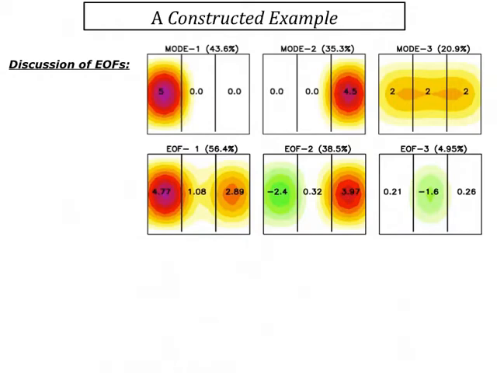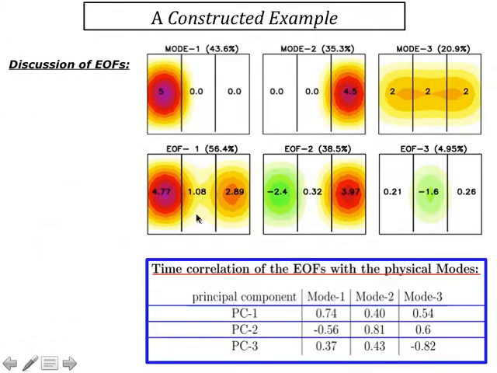So we set up a system with these physical modes. By construction, they are our physical modes. And we look at the EOFs, and we see this hierarchy of multipoles: monopole, dipole, tripole. And the thing that you can then calculate is also the time series. Since I know how I construct my data, I can estimate that the time series of PC1 would be related to each of the time series of the modes.